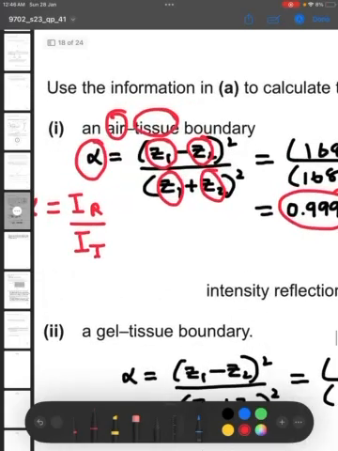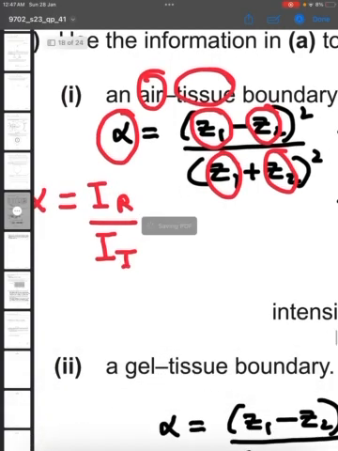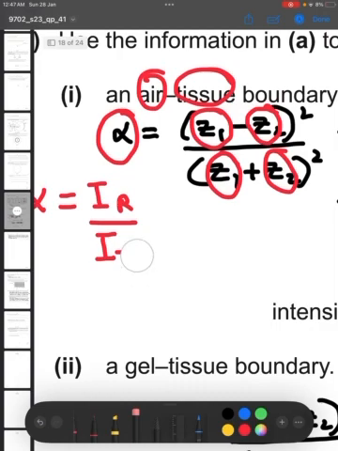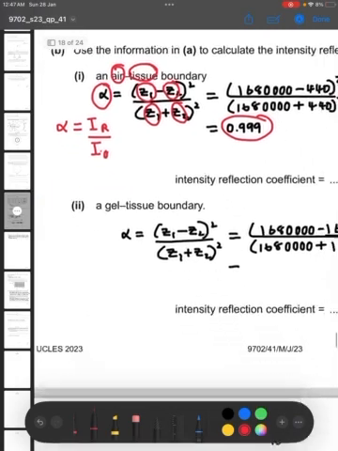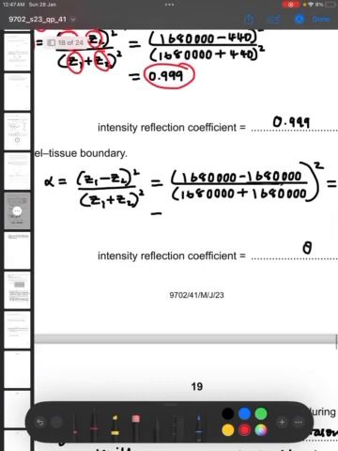In fact, this is not the transmitted intensity, sorry. It's actually the incident intensity. Let me erase this part and give it the letter I naught. That's not the transmitted, it's the incident intensity. No harm has been done there.